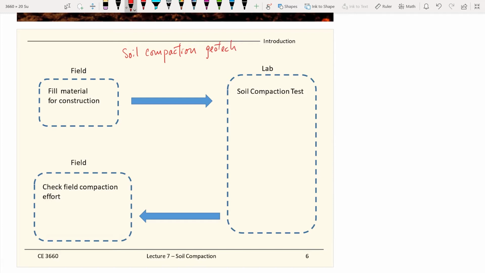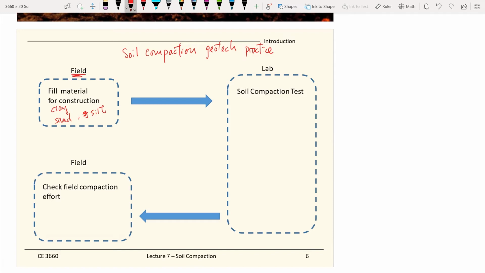Let's look at the big picture. You have a job site, and at the site you have the fill material for construction, either clay, sand, or silt. Now you have the materials, and you know that for your design you need to compact your final grade to a certain density, and how the whole thing is operated.